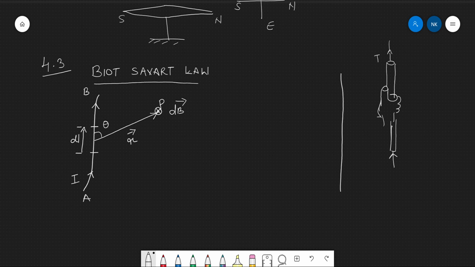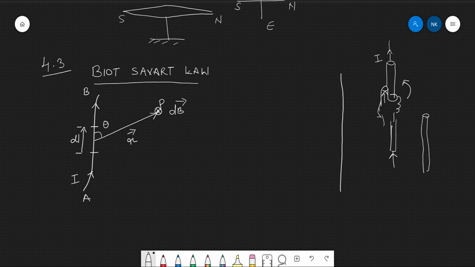You must not miss this: the direction of the thumb and the direction of current is the same. This is the direction of the curl fingers. So if the thumb indicates the direction of current, then the direction of the curl fingers gives the direction of the magnetic field.